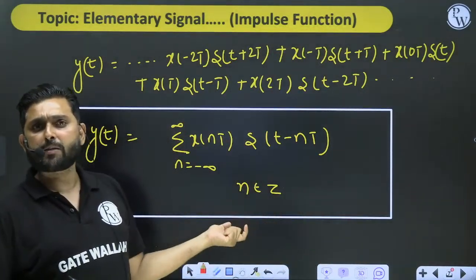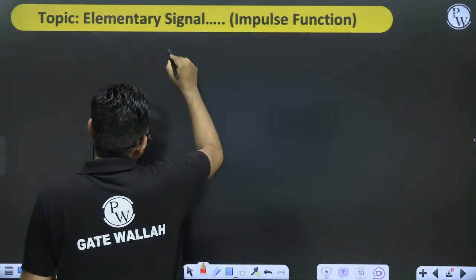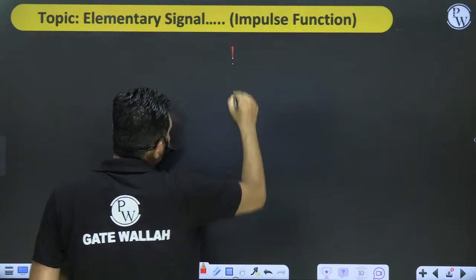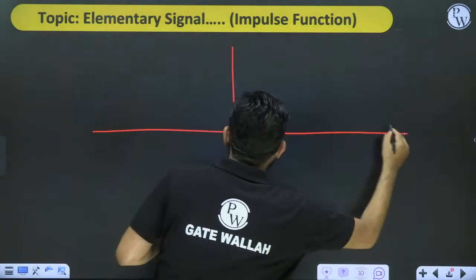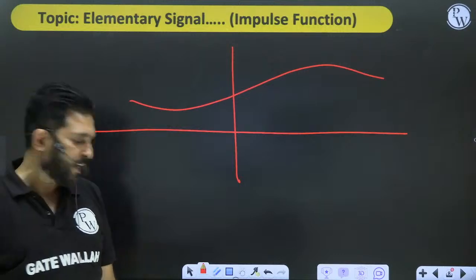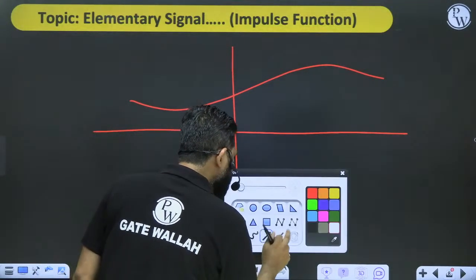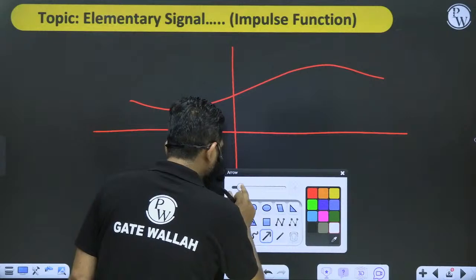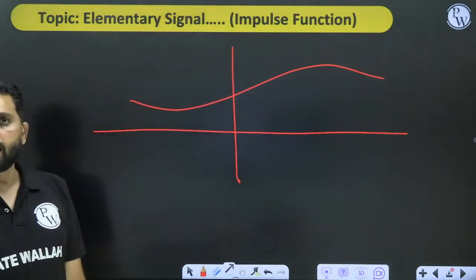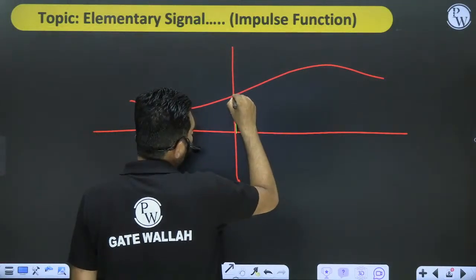What I'm saying is, think mathematically in this way. Suppose I have an impulse function, which is this one. Suppose I have a function which is this one. Let's imagine that this is x of t, and your impulse is present at each and every instant of t, here also.